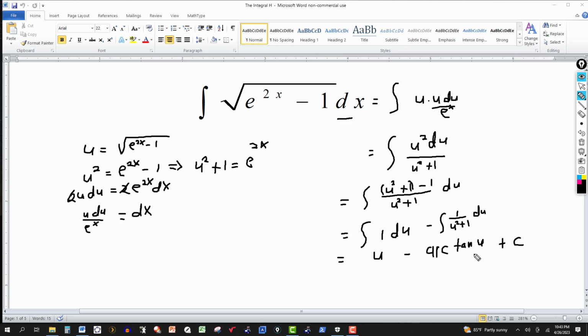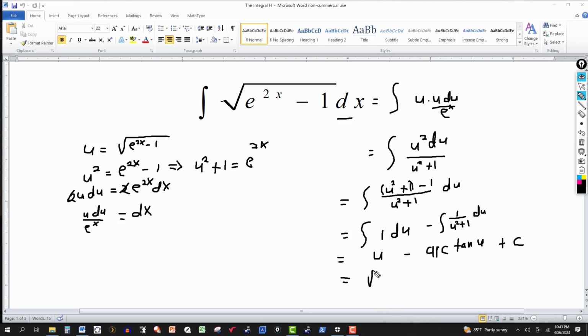We got that. And now we just go back to the original variable. That's always the case when you do a U-substitution or a trigonometric substitution. You find the antiderivative using that substitution, but then you go back to the original variable. So u is the square root of e to the 2x minus 1.